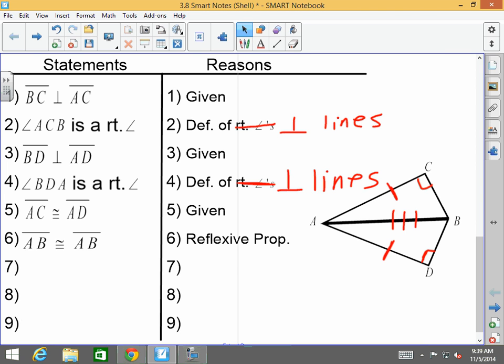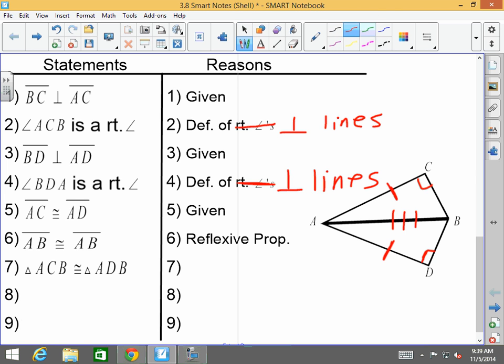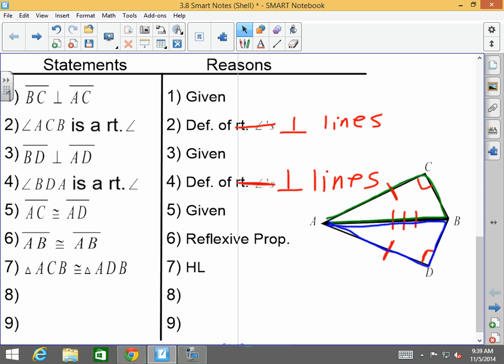Now I can prove that triangle ACB, I'll highlight it in green, is congruent to triangle ADB, which I'll highlight in blue, because of HL, hypotenuse-leg.